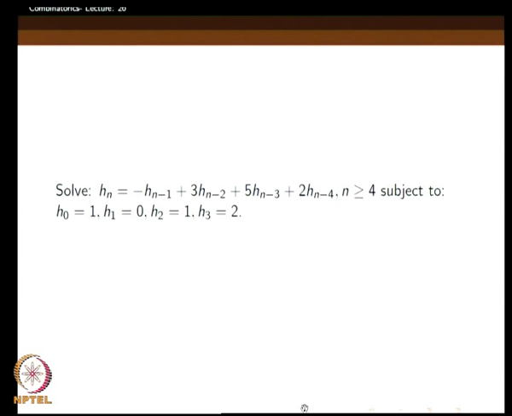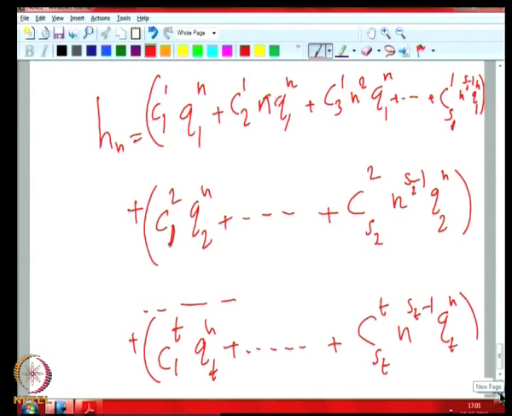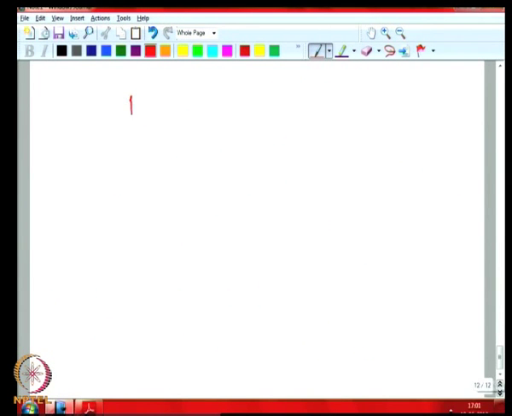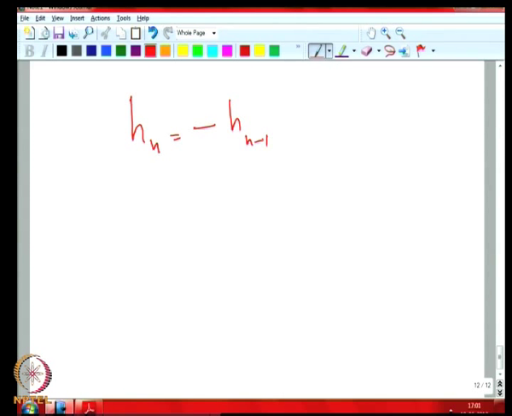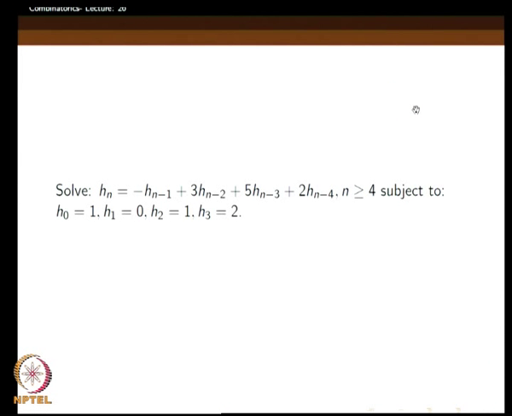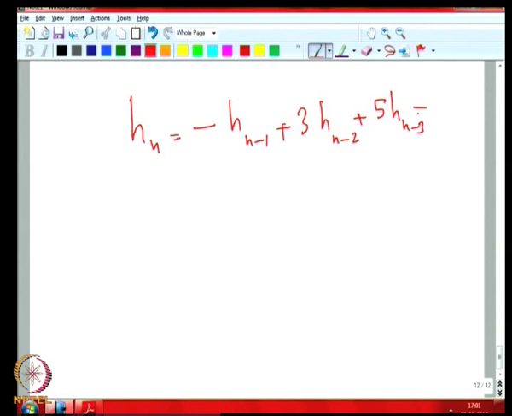So solve Hn equal to minus Hn minus 1 plus 3 Hn minus 2 plus 5 Hn minus 3 plus 2 Hn minus 4, and this will work only for n greater than or equal to 4.